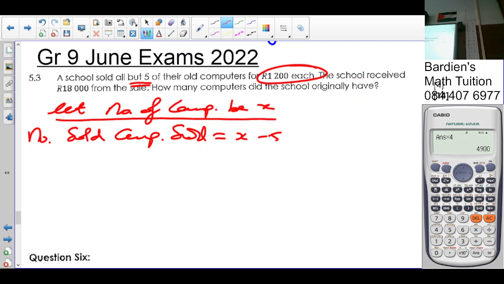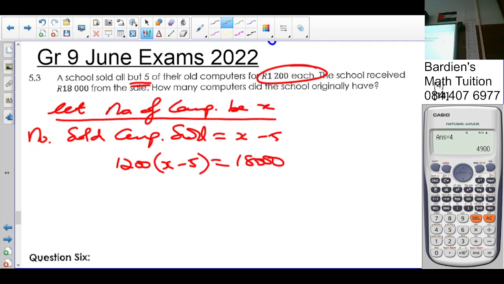So if it was 5 computers sold, you say 5 times 1,200. If it was 100 computers, it's 100 times 1,200. But here we got x minus 5. So 1,200 must be multiplied by x minus 5, which gave the school an income of 18,000.